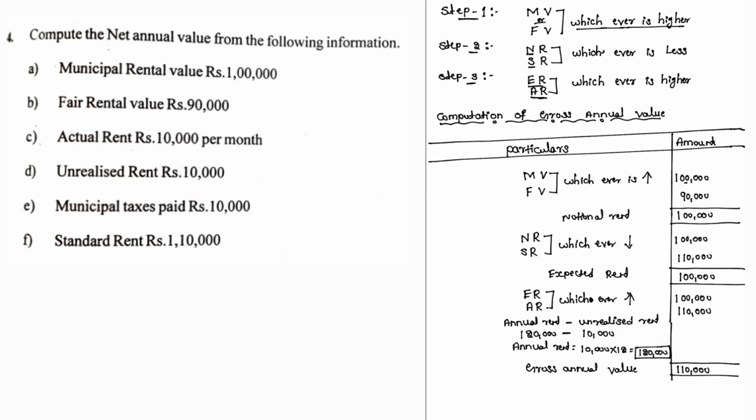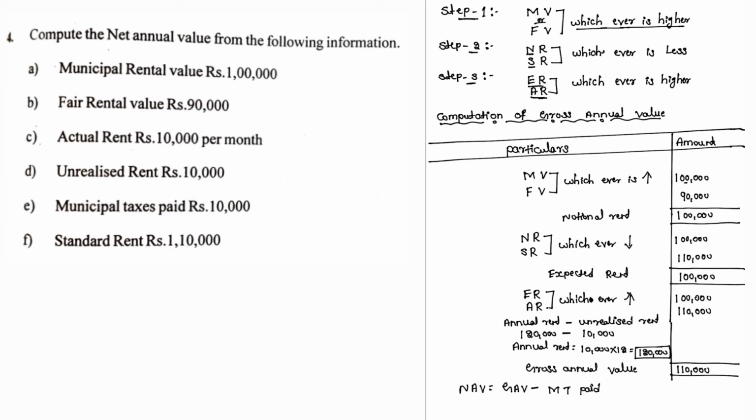So what we have to identify in this problem? We have to identify net annual value. So net annual value is equal to gross annual value minus municipal tax paid by the owner.